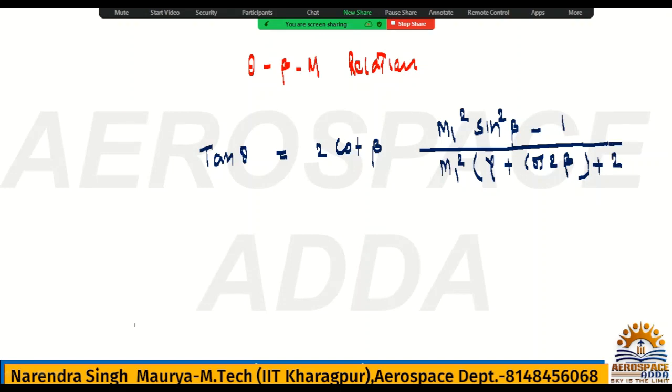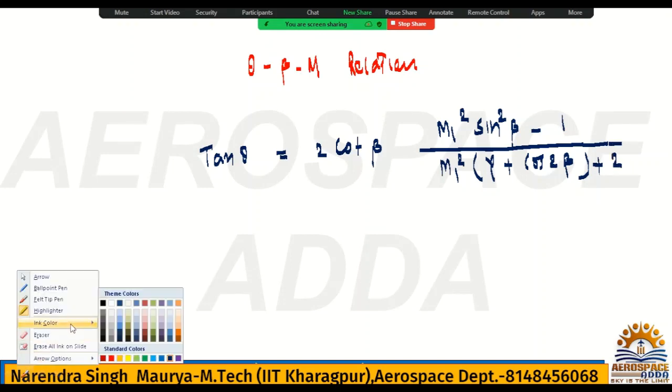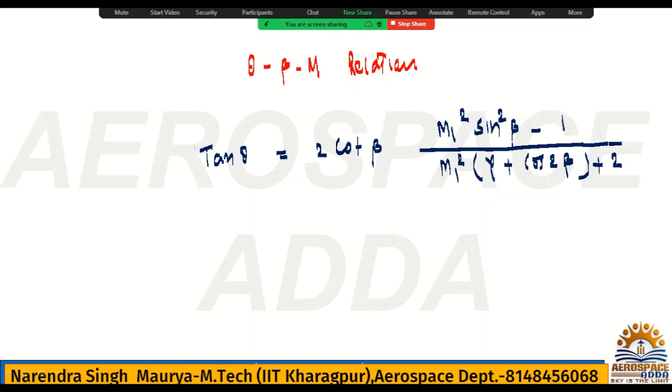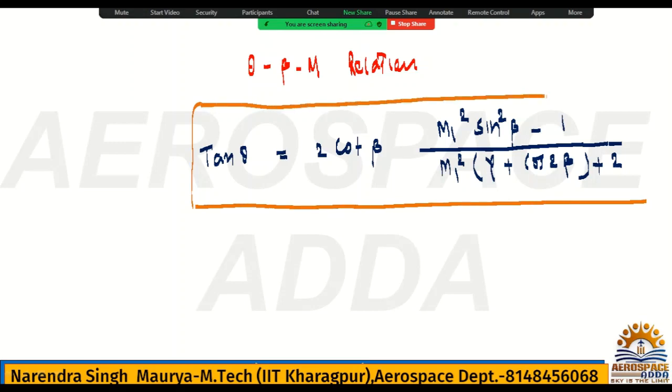In the GATE exam, whenever they ask a question based on it, they will give the table, so don't bother. I will tell you how to get the value from the table. The theta beta M relation also they will give to you. It's your choice whether you want to use the table or calculate the value with a calculator.